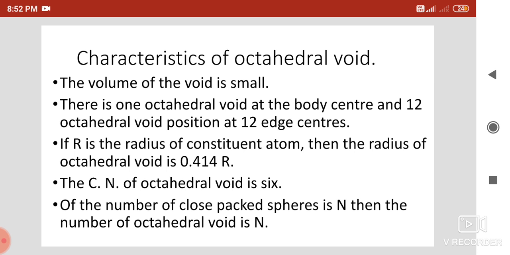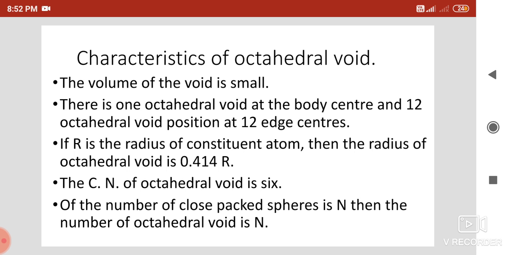In the last figure we saw one octahedral void at the center of the body and voids at the 12 edge centers. As the unit cell has 12 edges, we get 12 octahedral voids.